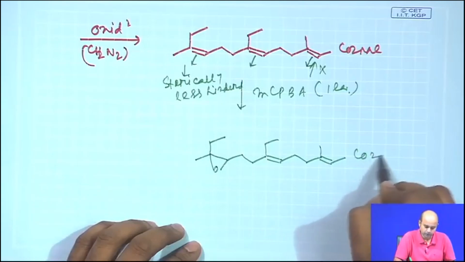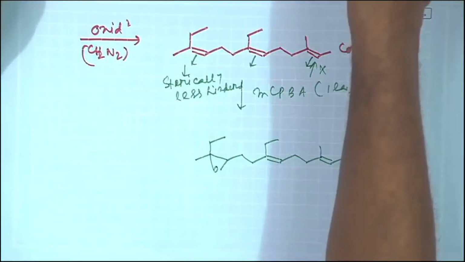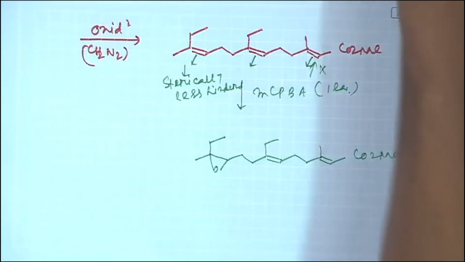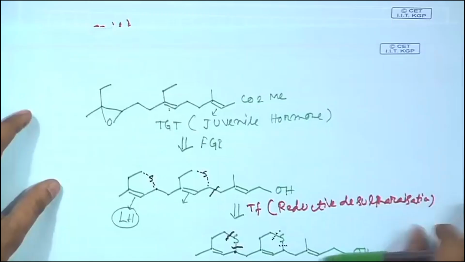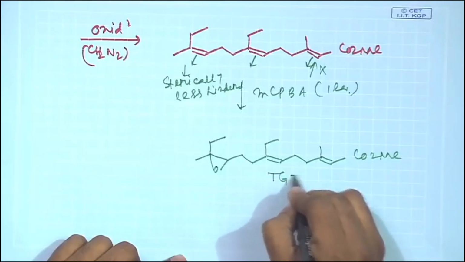So, this is your final product, the target molecule which you have earlier shown. So, this entire pathway basically gives you the juvenile hormone, which was the main target molecule. So, this is the target which has been achieved.